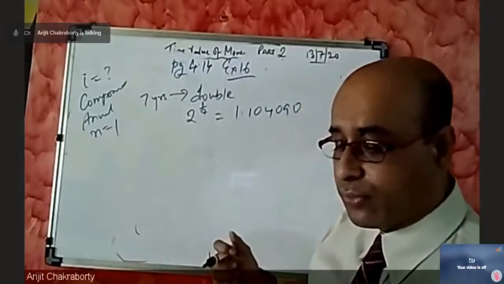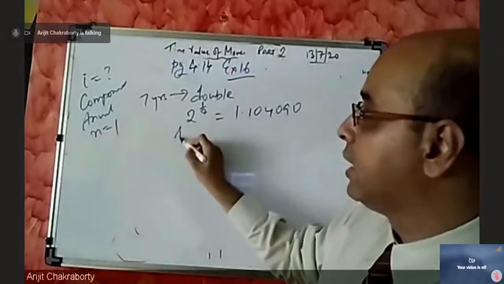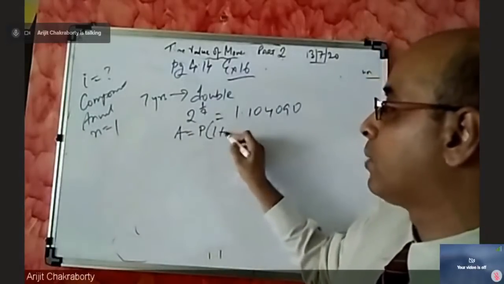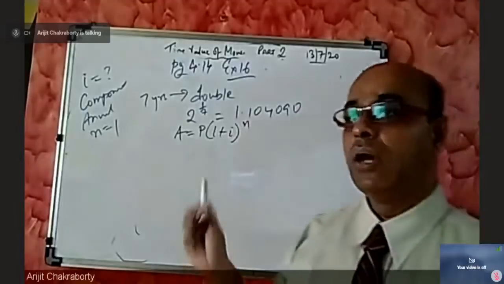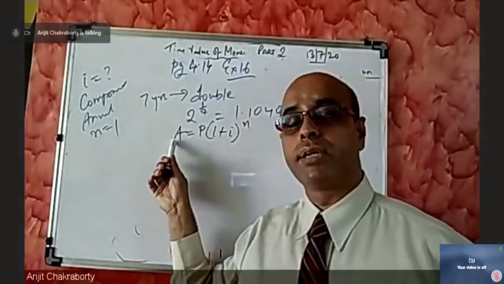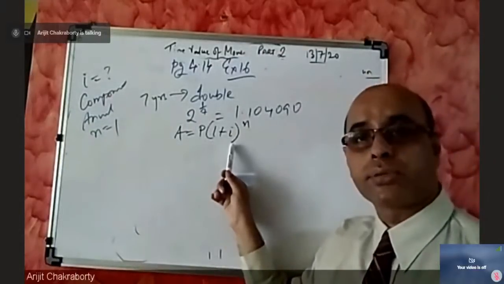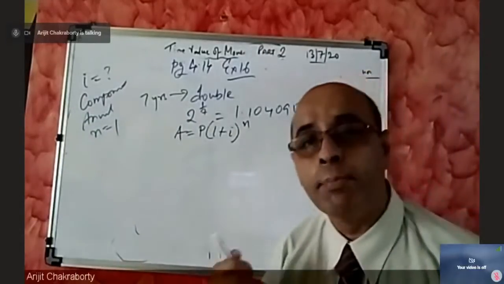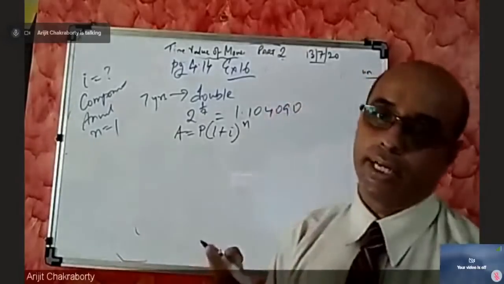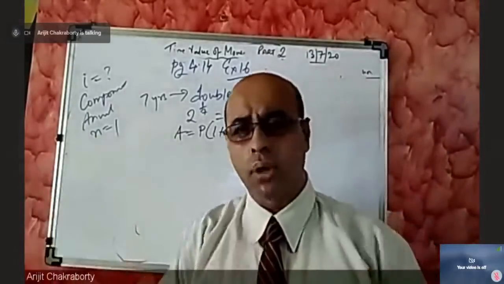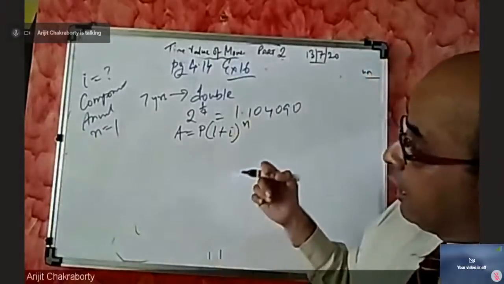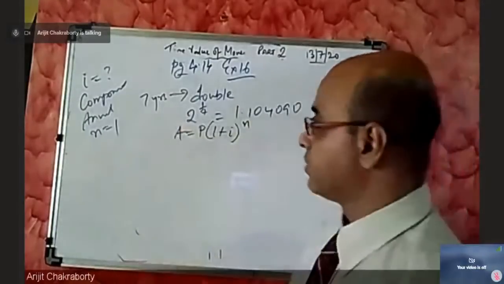So let us write, we know the formula is A is equal to P into 1 plus I to the power n, where A is the accumulated money, that is the amount, P is the principal, I is the interest rate, and n is the number of conversion periods. Right? This is clear, I think, to all of us. Now, in this case, the money is doubled.